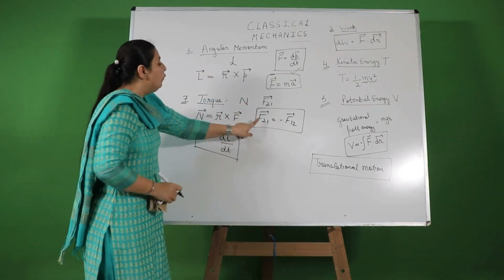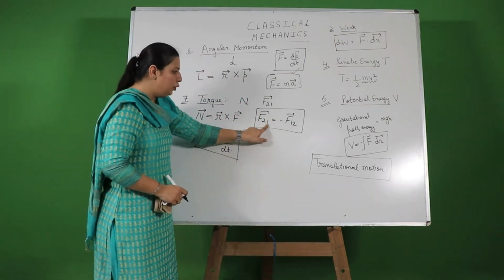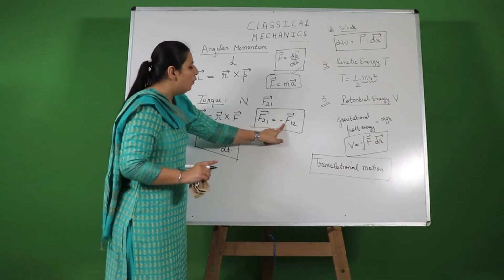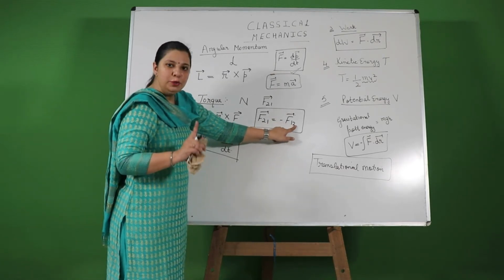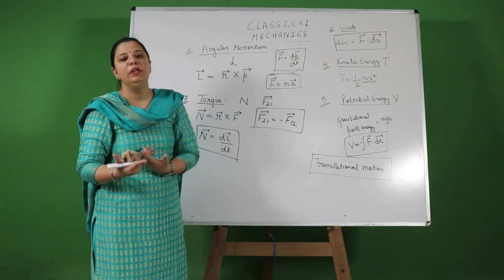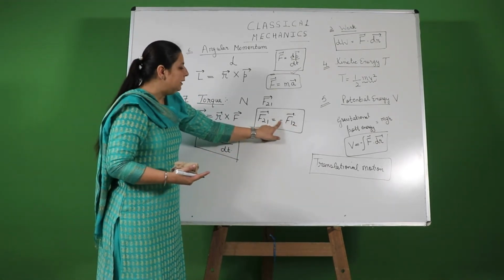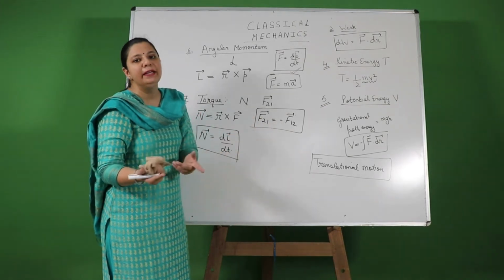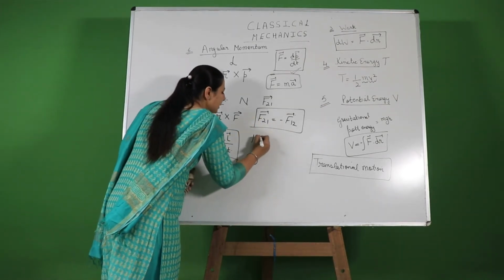This means the force on 2 due to 1 is the same in magnitude as the force on 1 due to 2, but the direction will be opposite. So this negative sign shows opposite direction, and the equality sign shows that their magnitudes are the same.